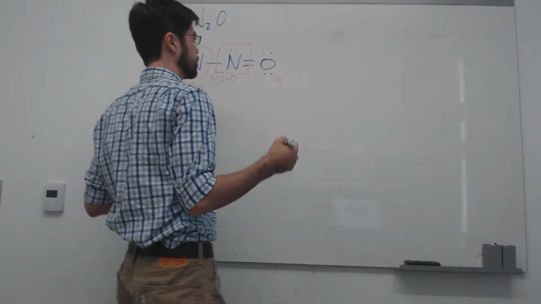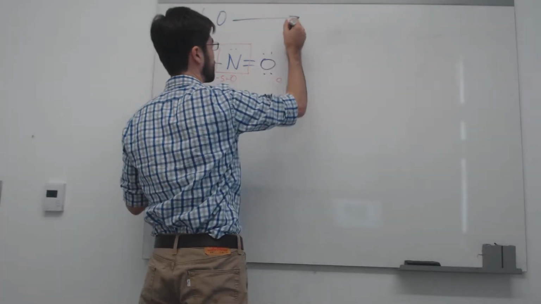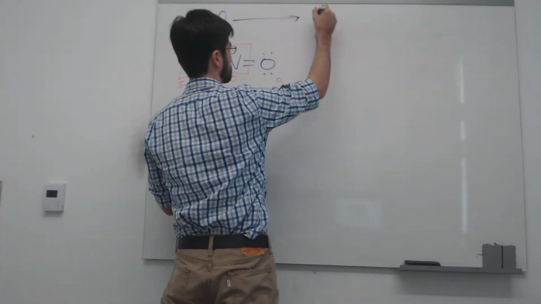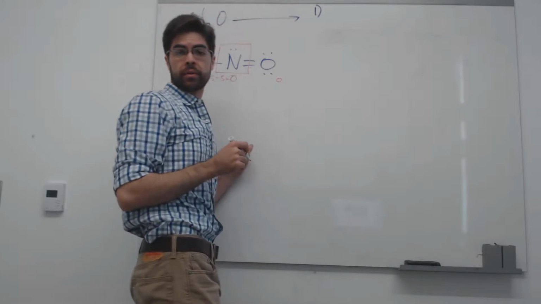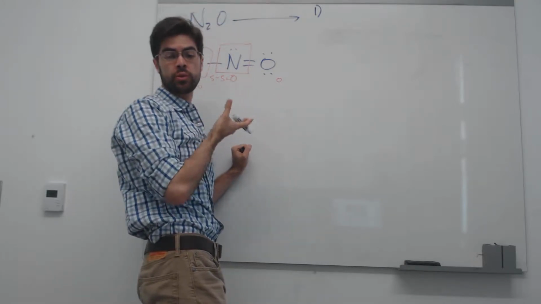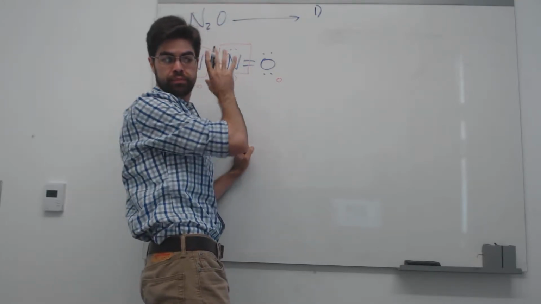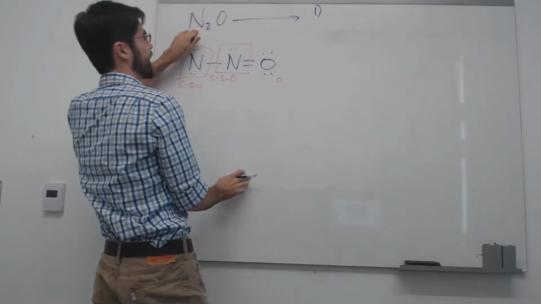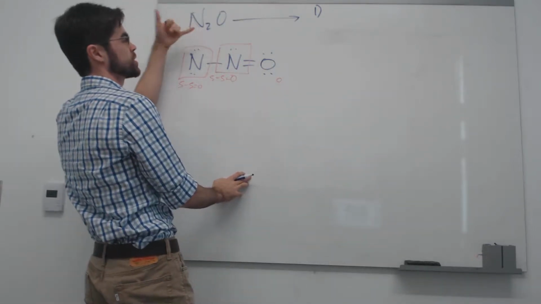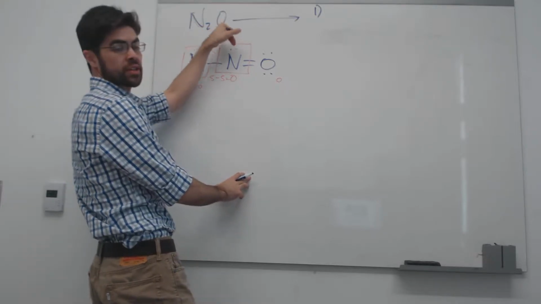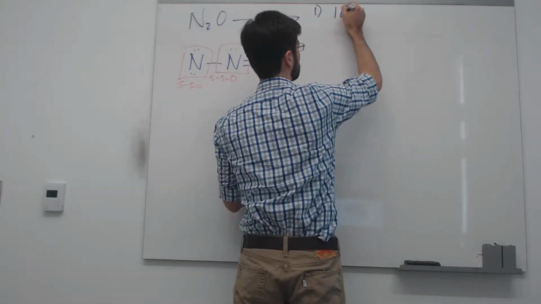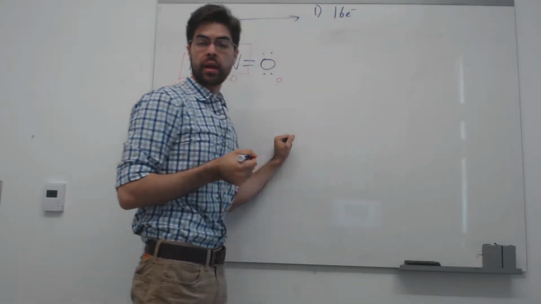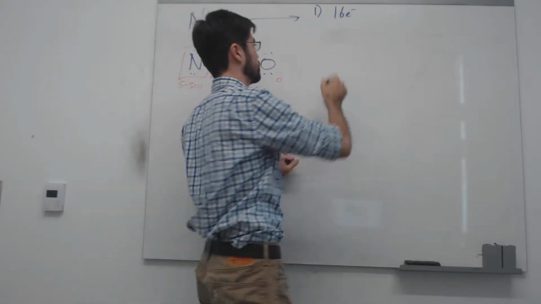The way you should draw Lewis structures is to first determine the number of valence electrons that you need to distribute in your molecule. Nitrogen normally has 5. There are 2 nitrogens, so you have 10, plus 6 for the oxygen. So I should try to place 16 electrons in my molecule.